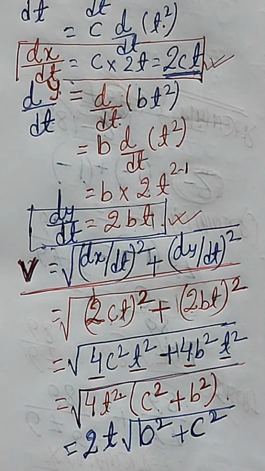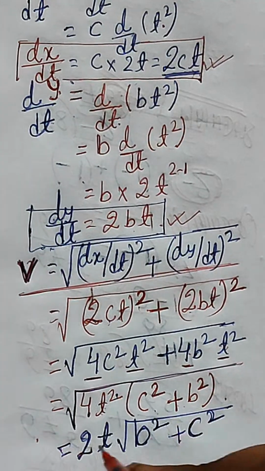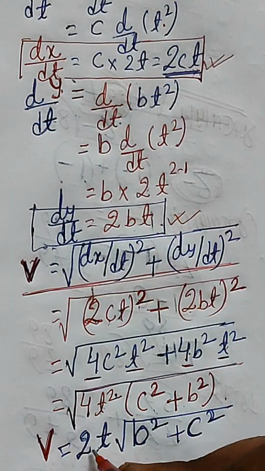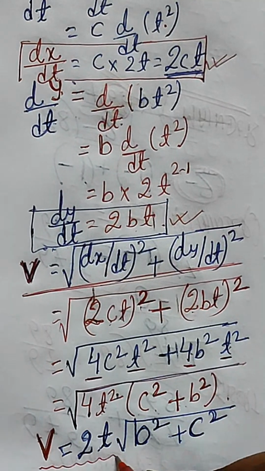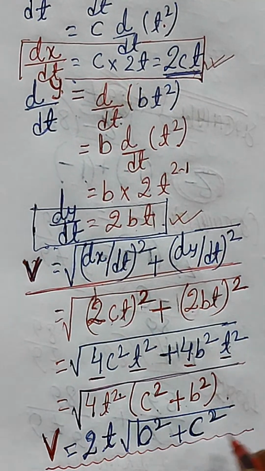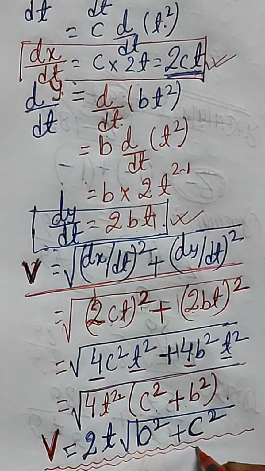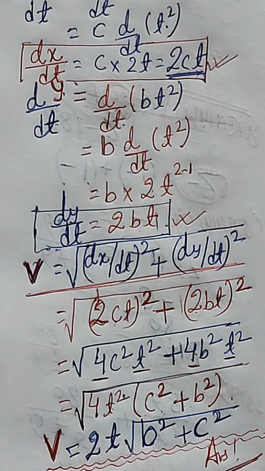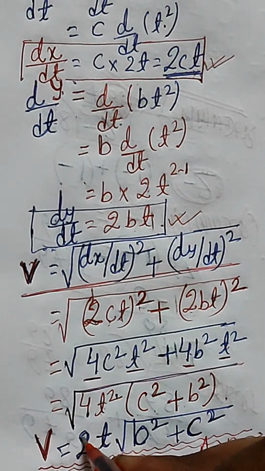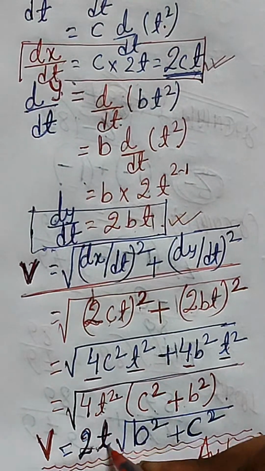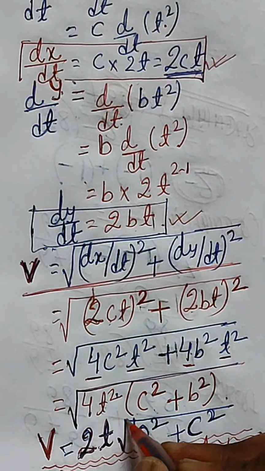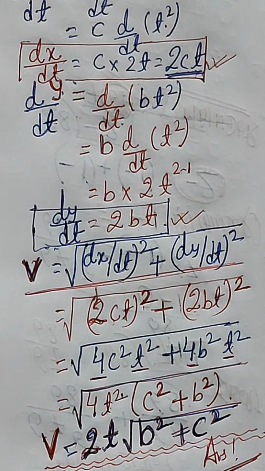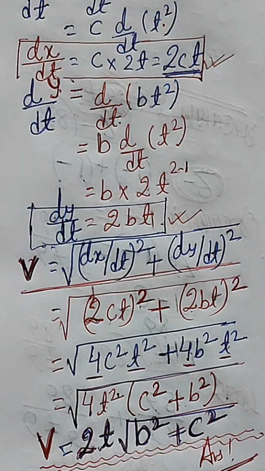So this is the speed of the body, that is 2 times t into root over of b square plus c square, and this is our answer which is calculated, right? I hope you understand. 2 times t root over of b square plus c square. If you want me to explain, let me know, I will explain it again.